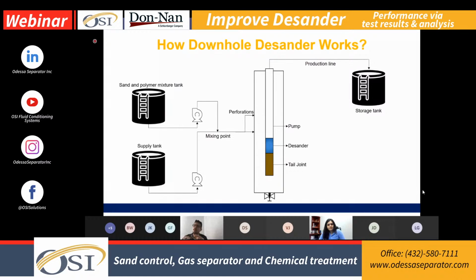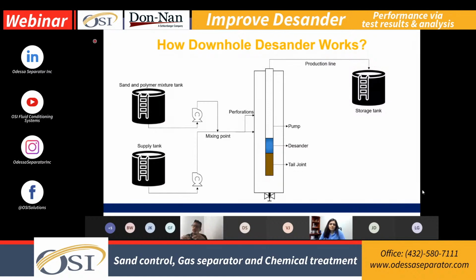As you see, there is a mixing point where the sand and the production fluid from the supply tank are going to mix, and then they are going to travel directly to the well. The well has this configuration, which is a pump at the top. The pump we used was a peristaltic pump to simulate the reciprocating movement of the beam pump.